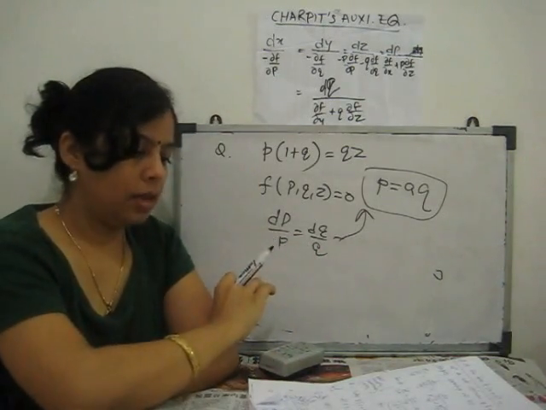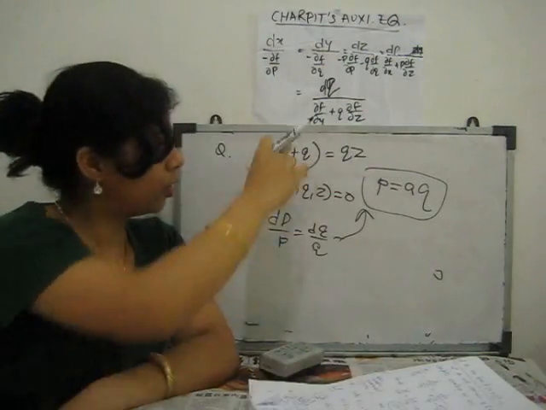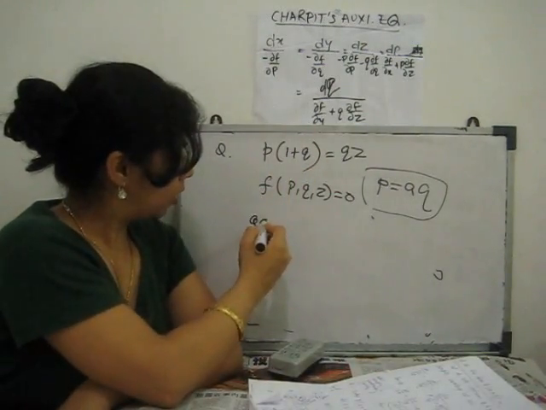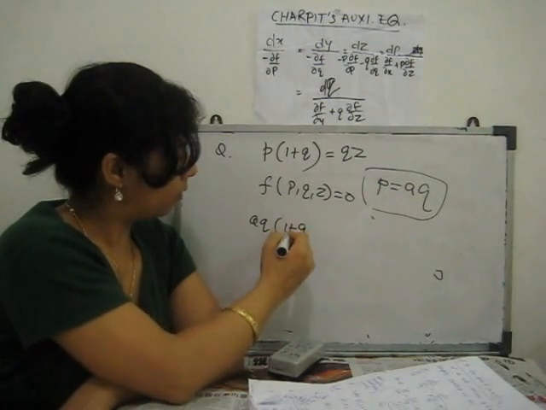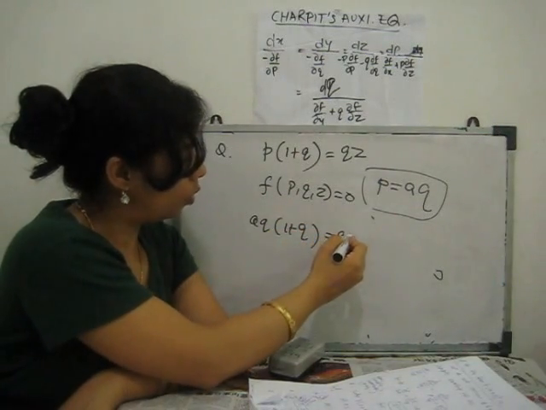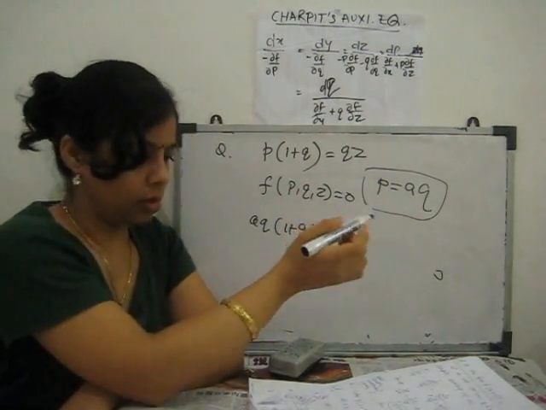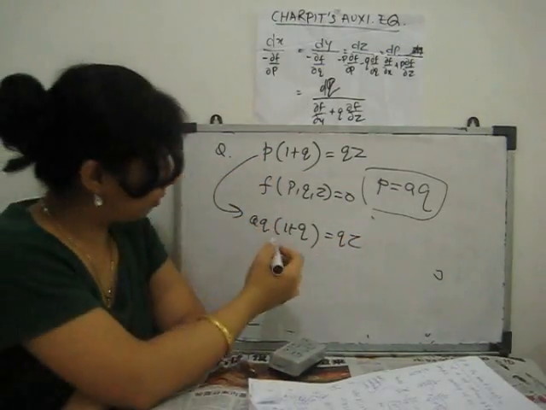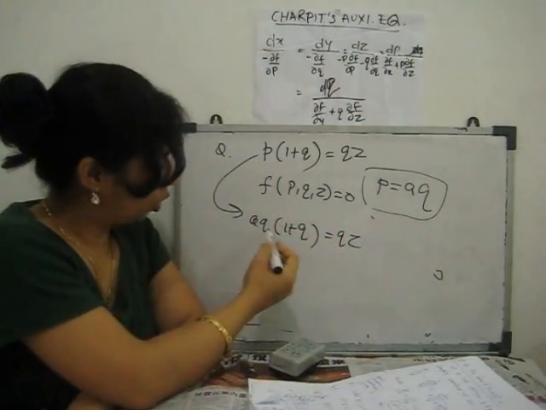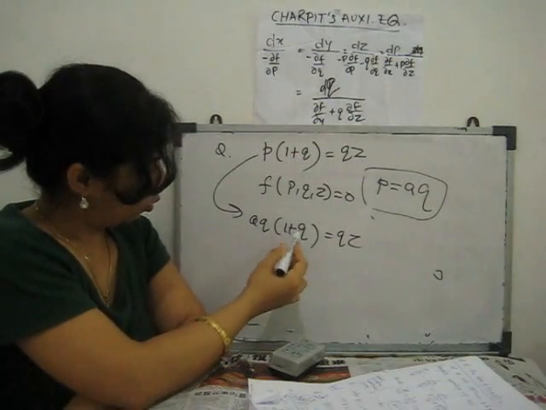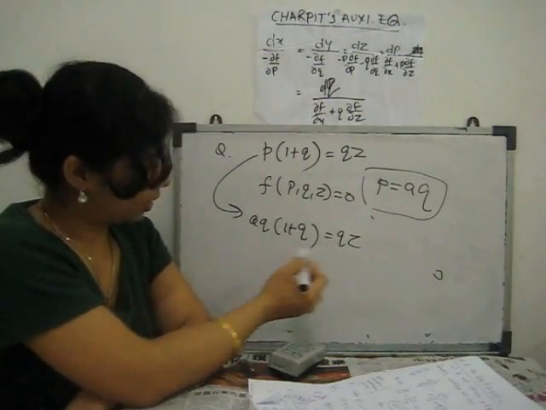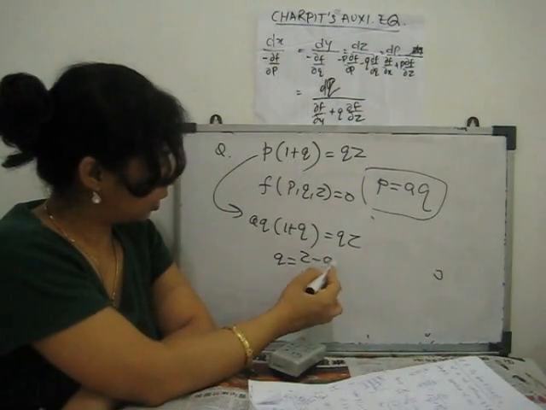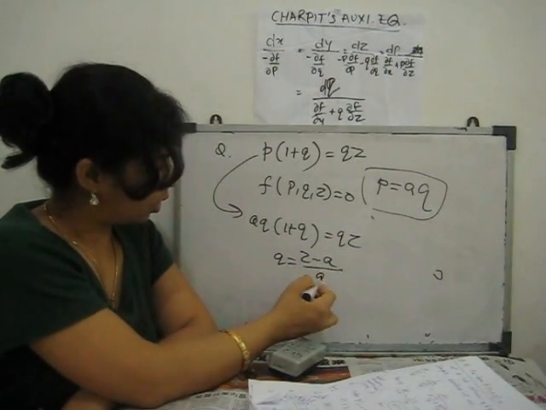Now if p is equal to aq, we substitute in the given equation. So aq(1 + q) equal to qz. Clear? So what is our q? Solve it. aq, q square and there. So q is (z minus a) upon a.